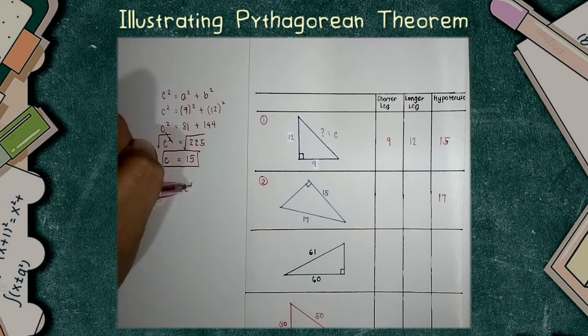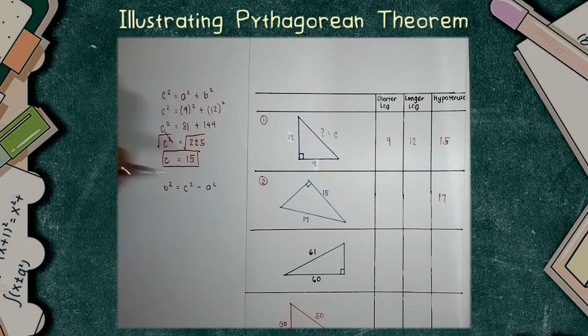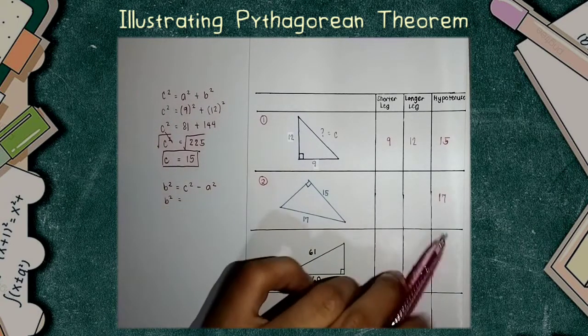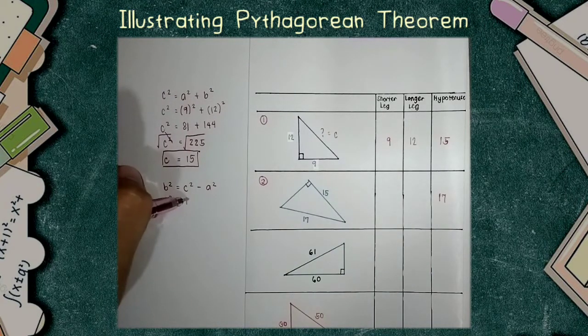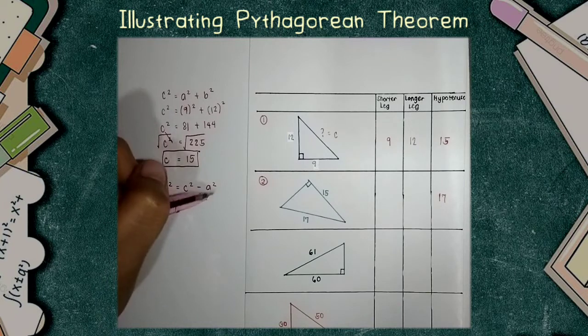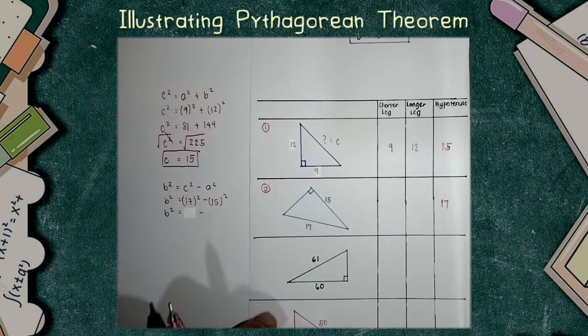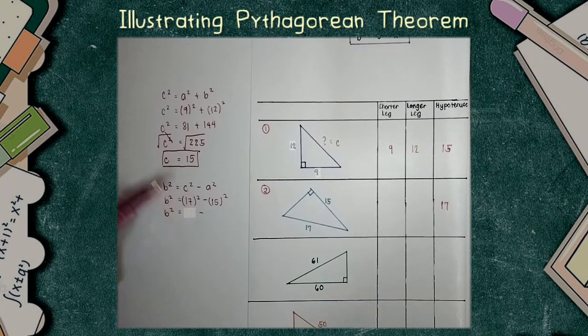Since isang leg ang ating given dito, pwede natin gamitin yung B squared equals C squared minus A squared. Okay, so B squared ang hahanapin natin. Ano yung value ng hypotenuse? 17 squared minus 15 squared. 17 times 17 ay equal to 289.